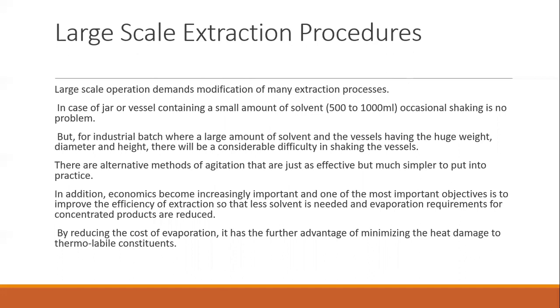Of course, with a separating funnel you can hold it in your hands and shake it, so it's not that difficult, even if you are dealing with 500 to 1,000 ml of solvent. But in industries the batches are really big, with gallons of liquid, so shaking is not that easy.